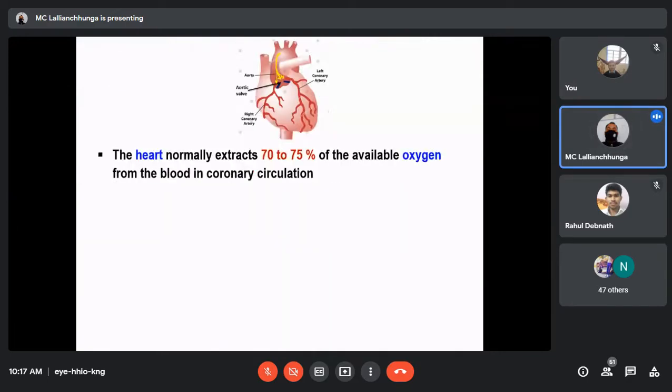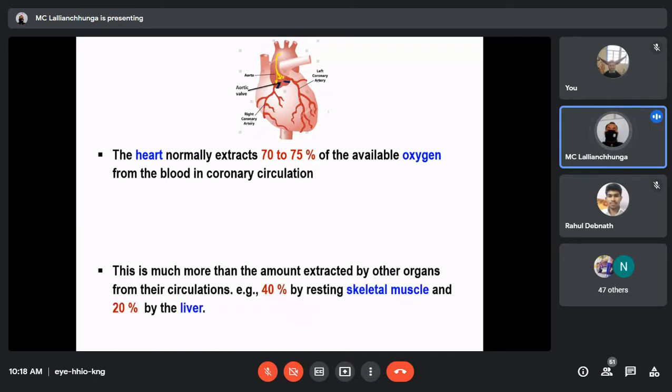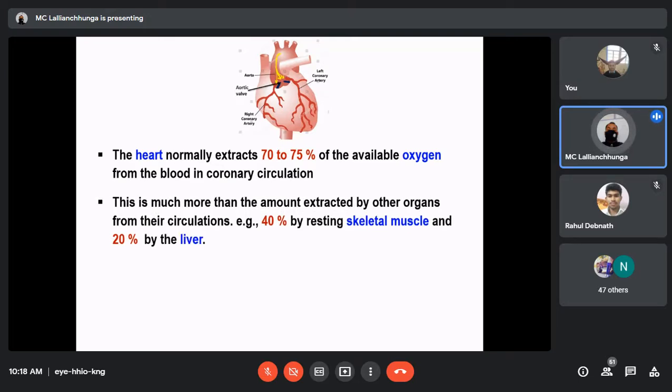The heart normally extracts 70 to 75% of the available oxygen from the blood in coronary circulation. When blood is passing through the coronary artery, then to the arterioles, and then capillaries, around 70 to 75% of the oxygen in the blood will be delivered to the tissues of the heart. This is much more than the amount extracted by other organs from their circulation, that is 40% by resting skeletal muscle and 20% by the liver.